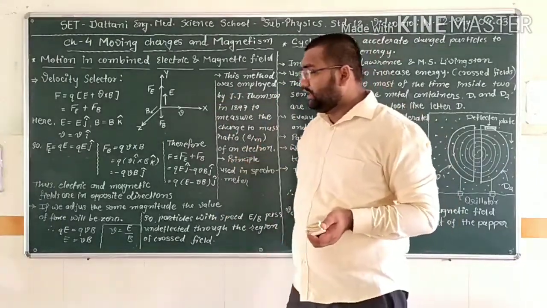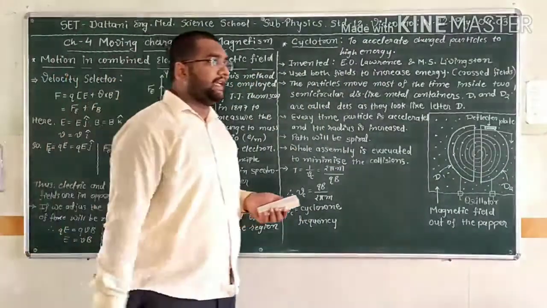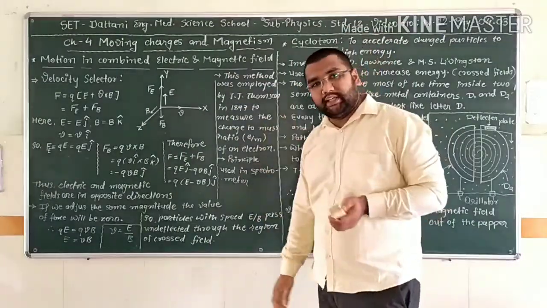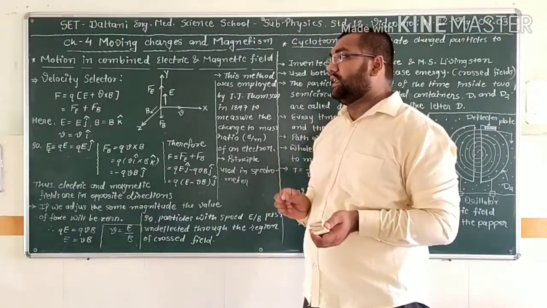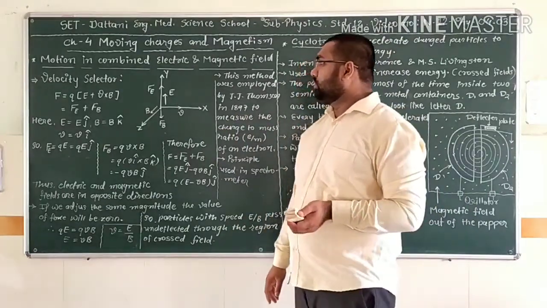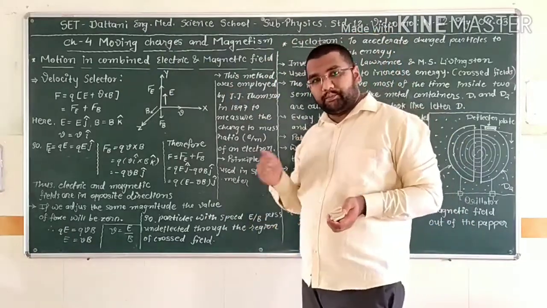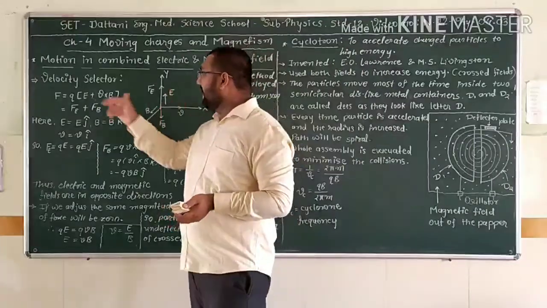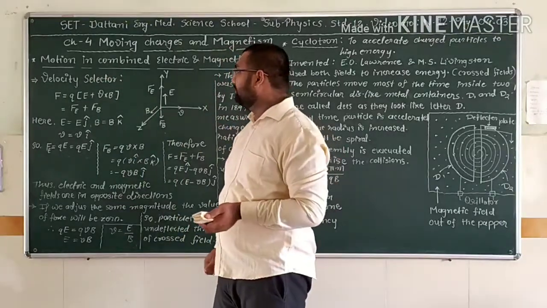The device which is used for accelerating these small particles is called a cyclotron. The cyclotron is used to accelerate small particles for bombarding a heavy nucleus. So the velocity of those particles is to be selected. How can we select it? This is the topic: how can we select the velocity of a particle.